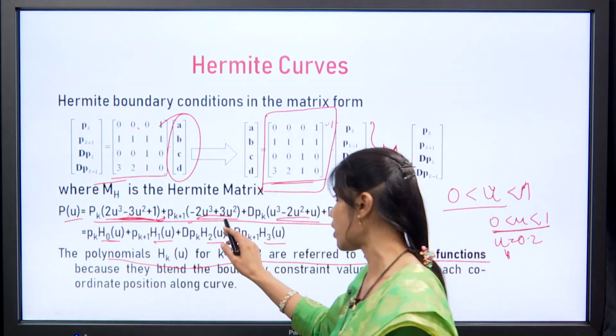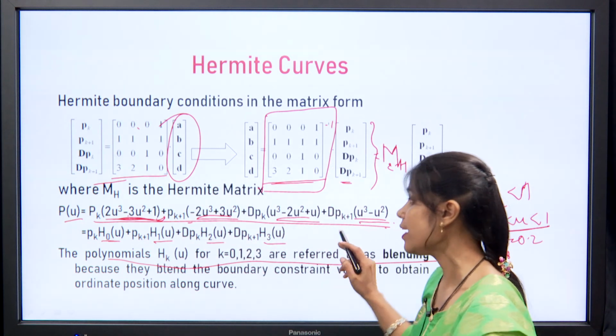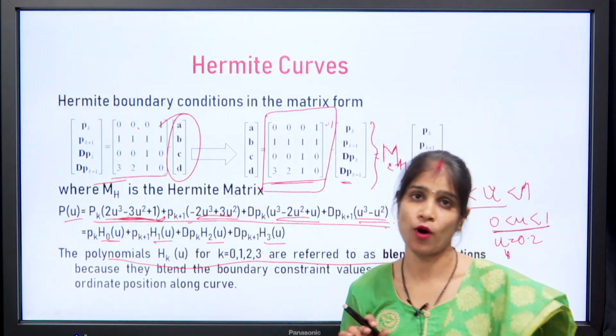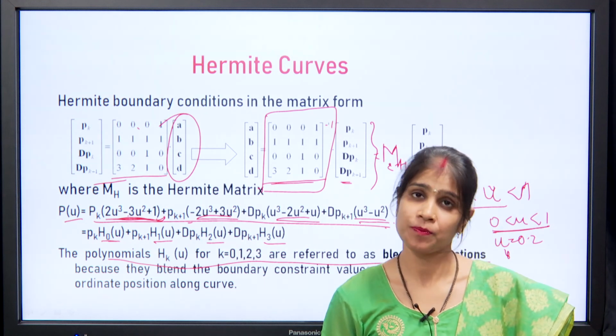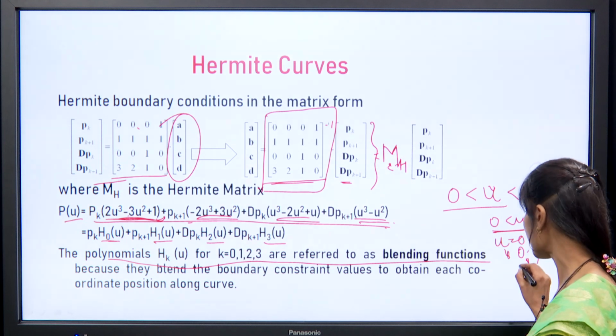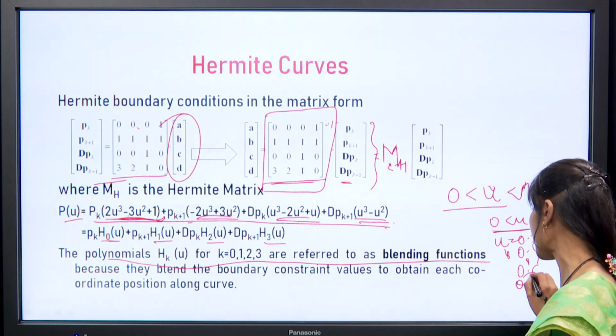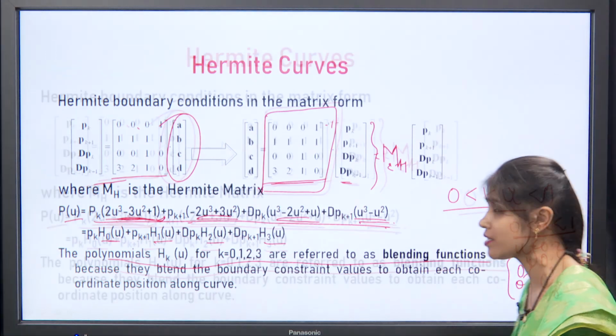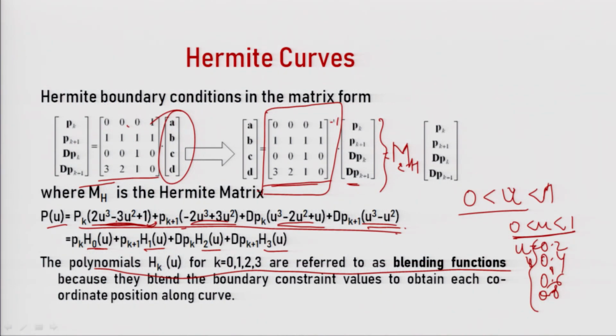Put the value of u as 0.2 over here and you will get a point from which you define the curve. That means at 0.2 find the value, at 0.4, 0.6, 0.8, or any value between 0 and 1. After taking some values, you will get the points, and when you get these points, you will plot your curve. That curve is called a Hermite curve.